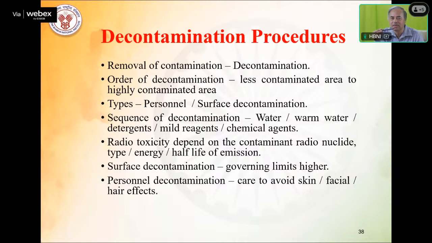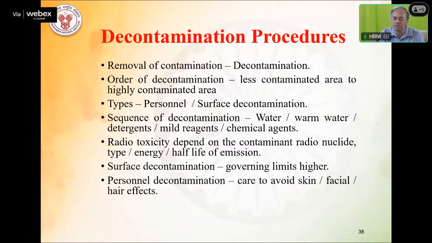We always clean from the clean side to the unclean side. Same way, it should be done from less contaminated area to highly contaminated area. Types: personal and surface decontamination. Sequence of operation: water, warm water, detergents, mild reagents, chemical agents.